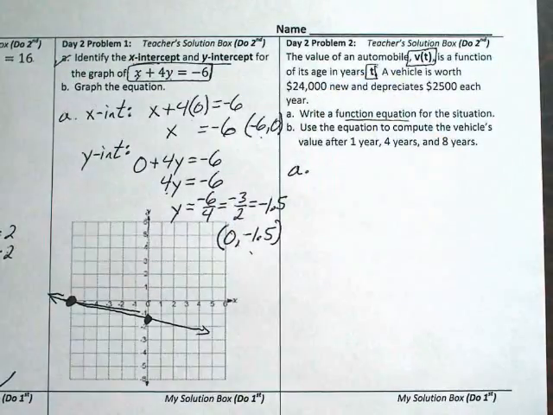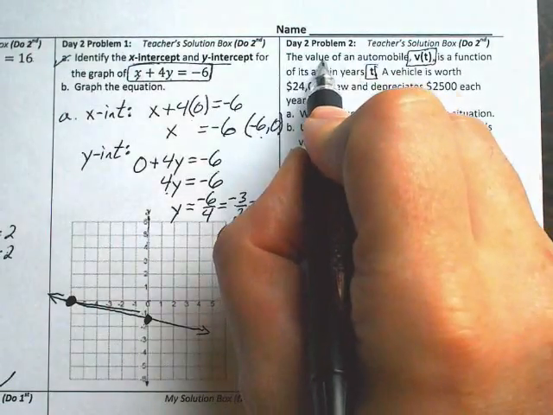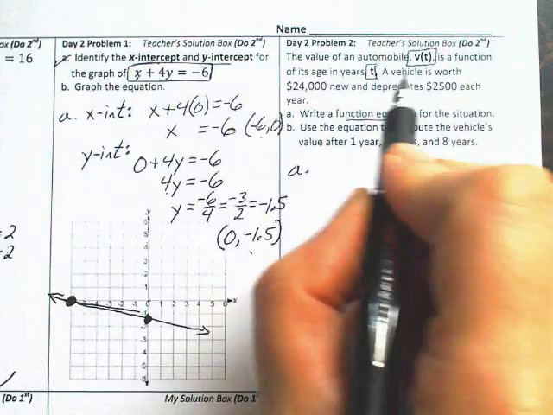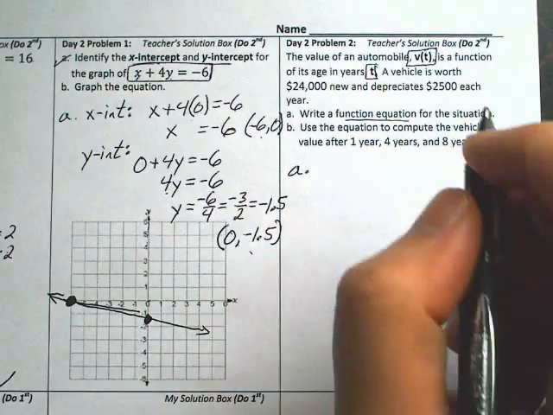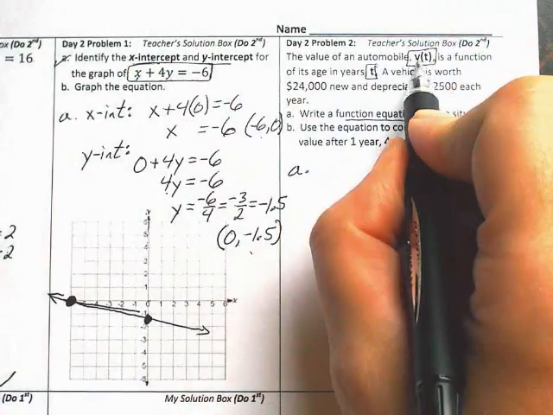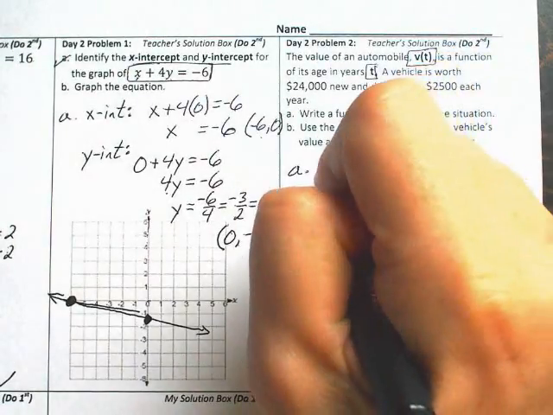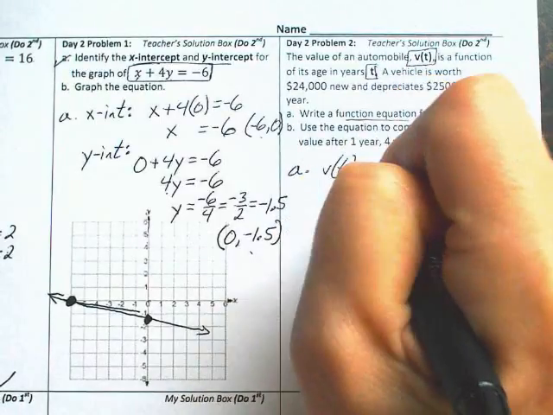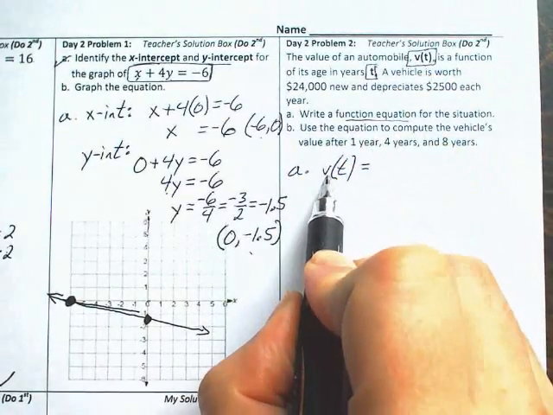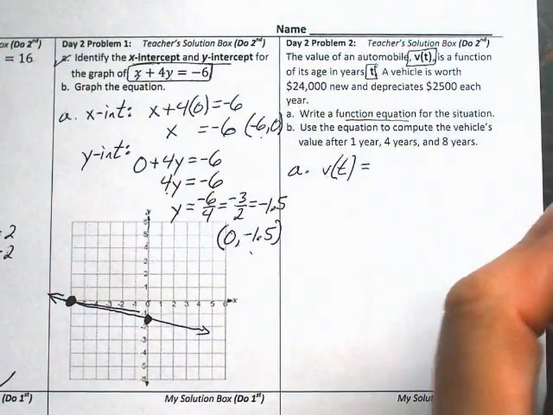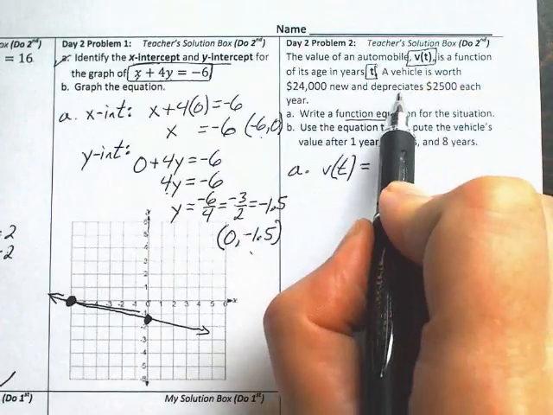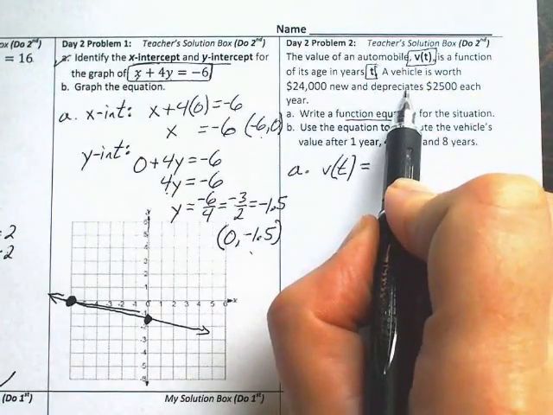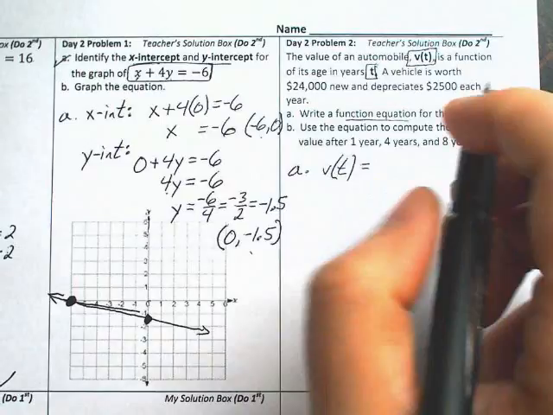So in our function equation, we're going to show the relationship between the value of the automobile and its age in years. And we're told what symbols to use for those. The value of the automobile, we use the symbols V of t. So V of t equals value of the automobile equals, and we're told that when it is new, it's $24,000, but it is depreciating or losing value as it gets older.